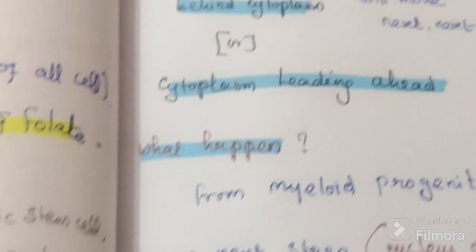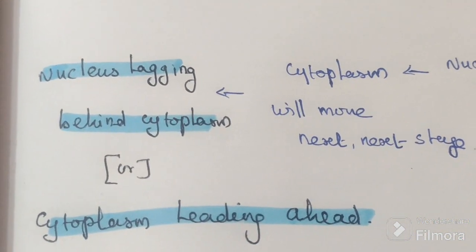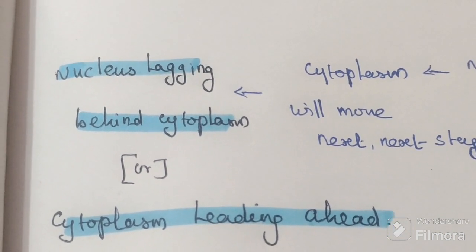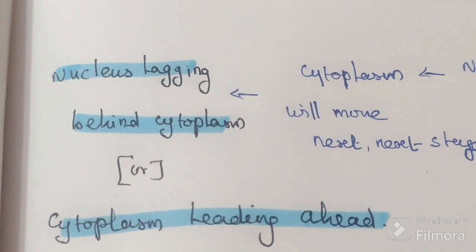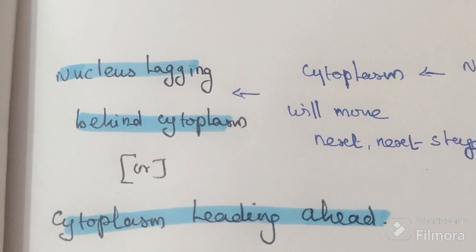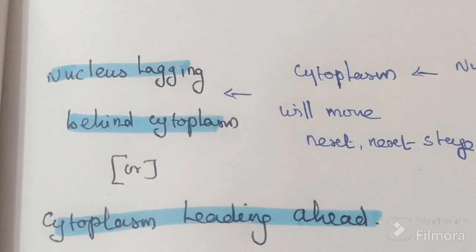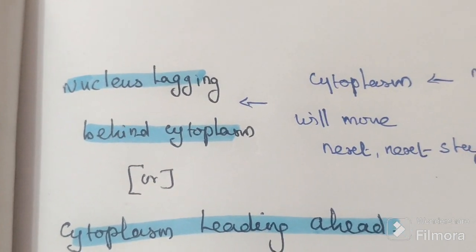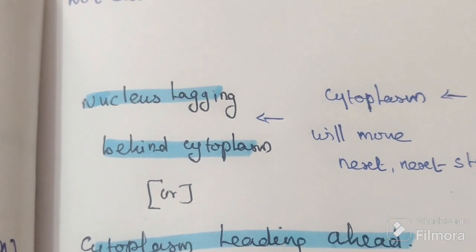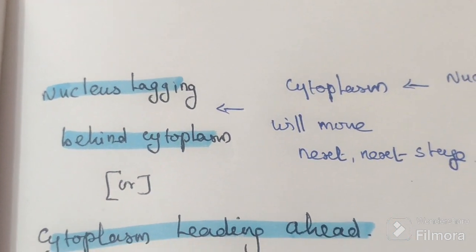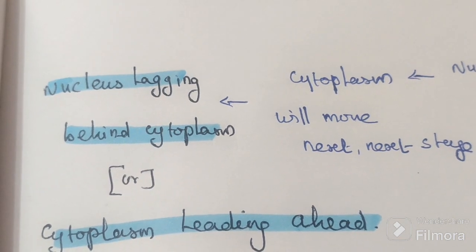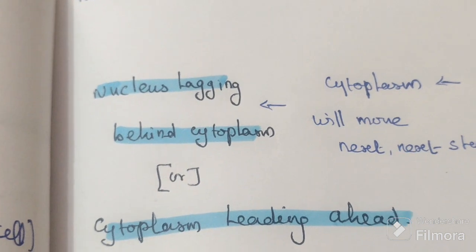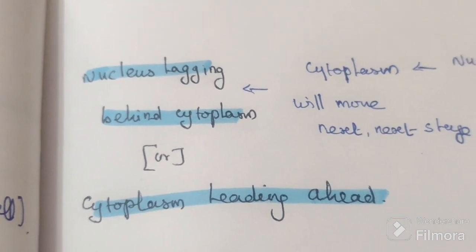This is known as the nucleus lagging behind the cytoplasm, or we can say the cytoplasm leading ahead. Usually both should go parallel. Normally the nucleus and cytoplasm move in parallel, but due to deficiency the nucleus is not moving, only the cytoplasm is moving.